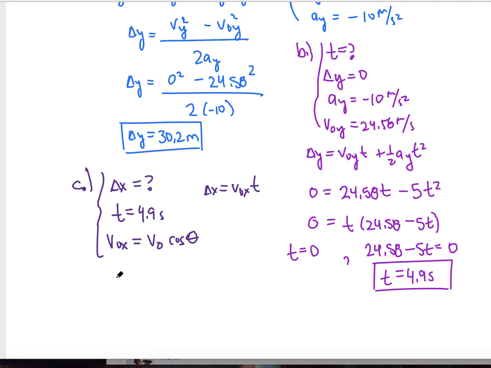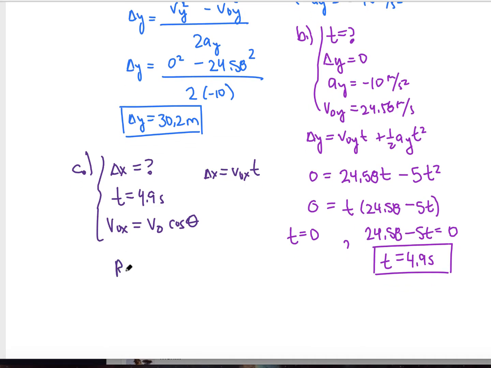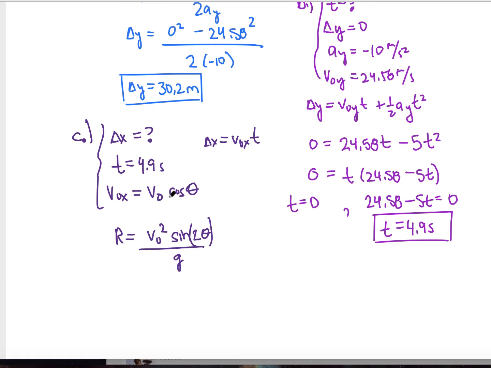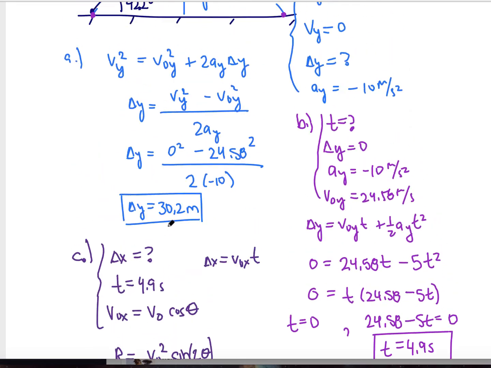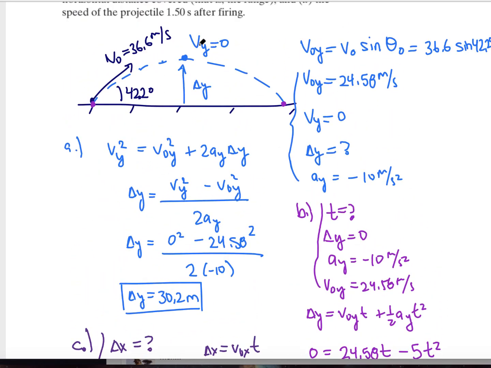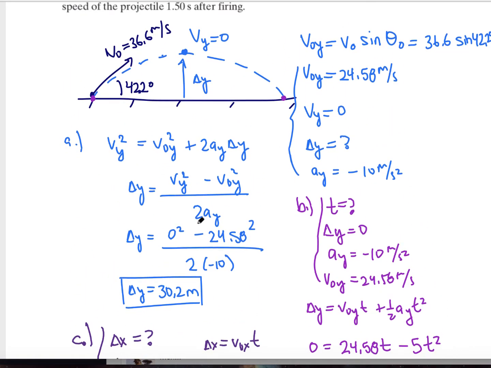The other is we can use our range equation that we just found, range is equal to v naught squared times the sine of 2 times my launch angle over g. Let's use this so that I don't have to do any calculations for v naught x. So r is going to be equal to v naught, my initial speed, which I wrote as 36.6.